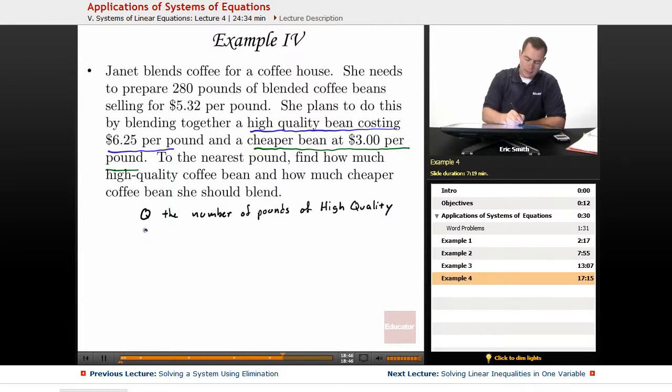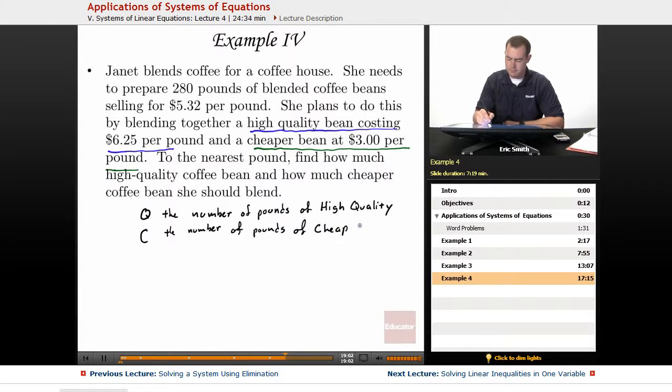We'll let C be the number of pounds for our cheap quality coffee. Okay, so we're going to try and set up how many pounds of each of these we need.